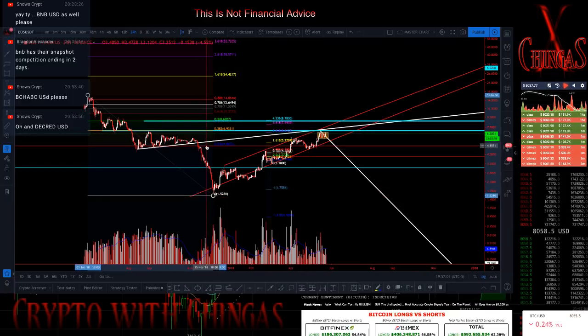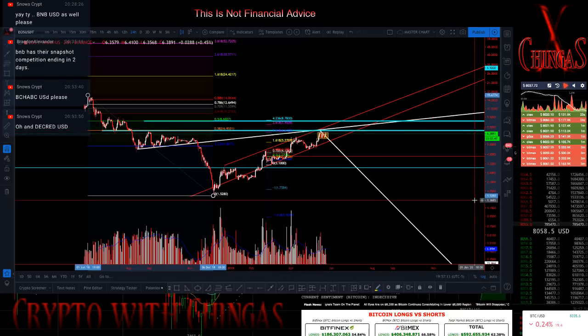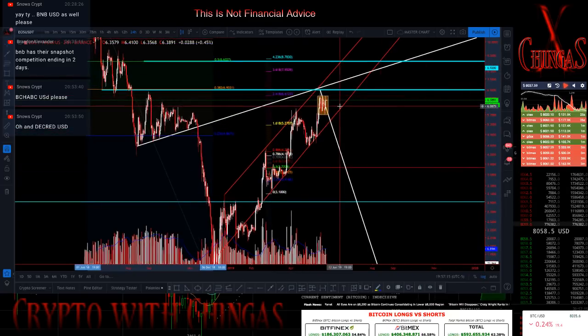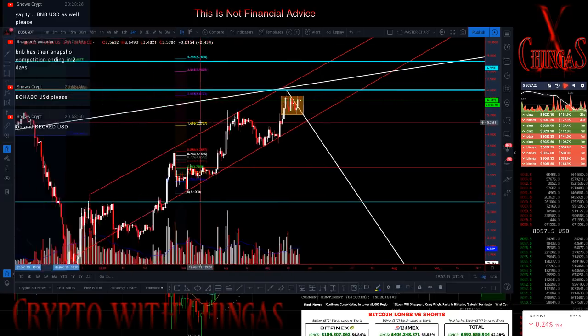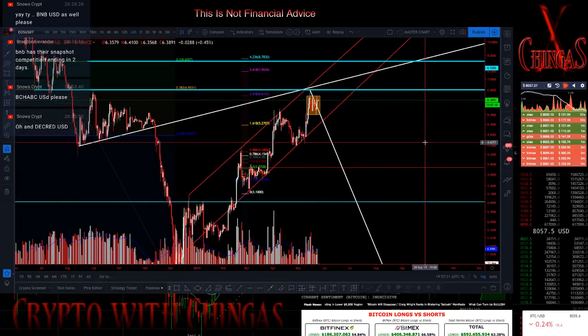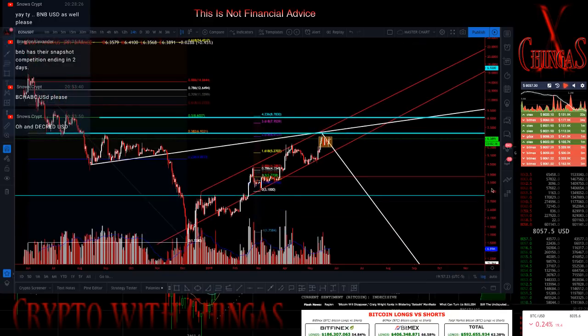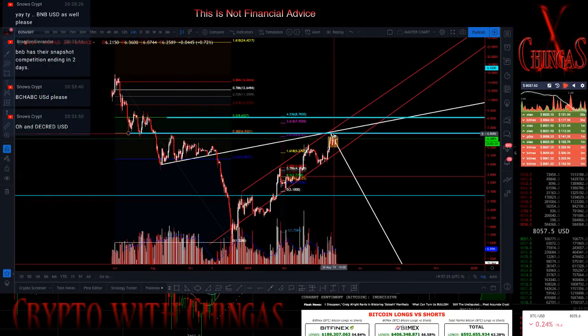So when we hit this level here, we've retraced 23% from the all-time high. When we reach this level here, which we kind of just did, basically to the set, 38%. 38% from the all-time high, right? How cool is that? 38%.